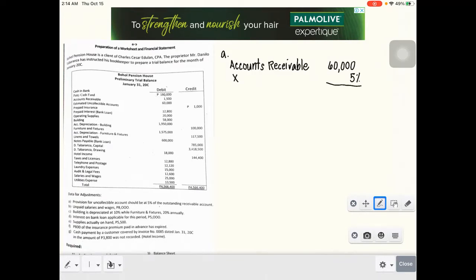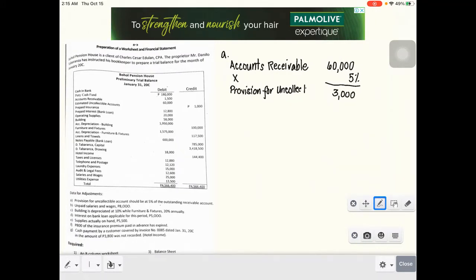So how much is the 5% of 60,000? So the provision for uncollectible accounts is 3,000. So do not forget the peso sign.